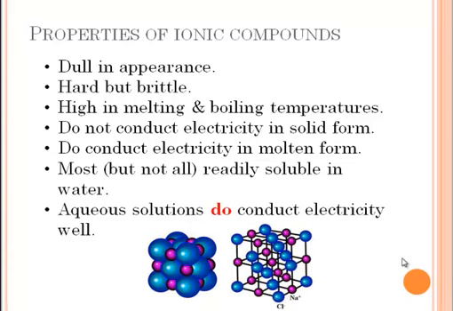So as we can see here, for the property of hard and high melting point and boiling point, it's all because of the very strong interaction between the sodium plus and the bigger one, the chloride minus.